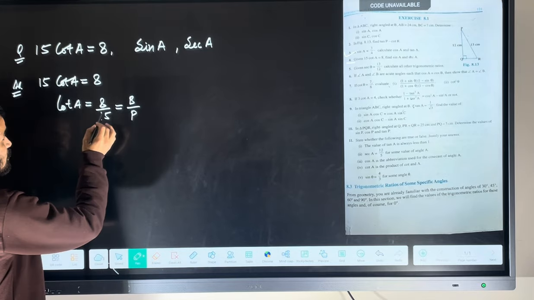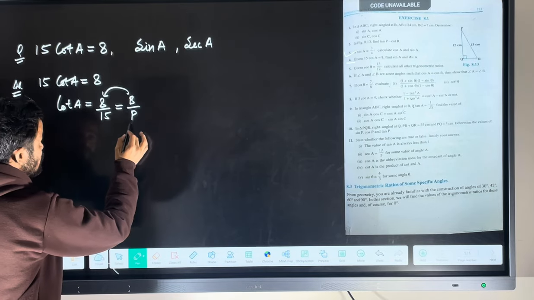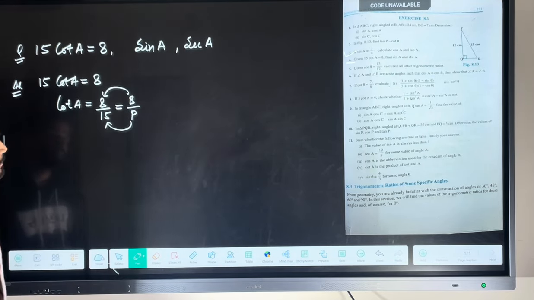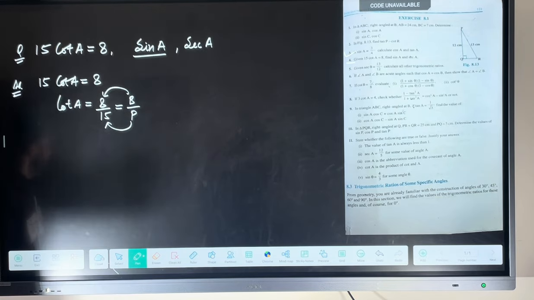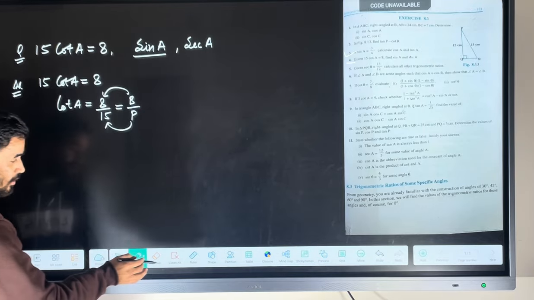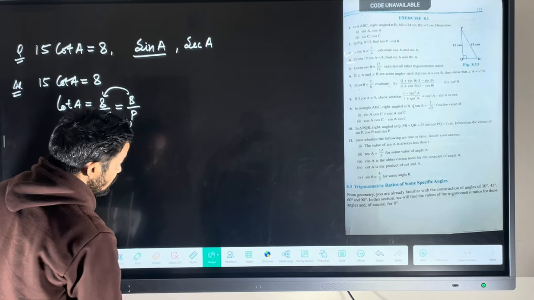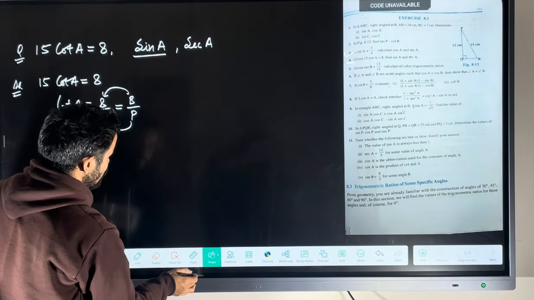So base is equal to 8 and perpendicular is equal to 15. But for sine we have to find the hypotenuse, and for that we have to draw a right angle triangle.